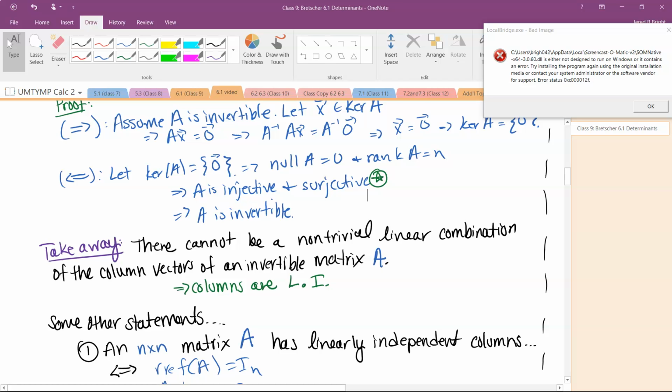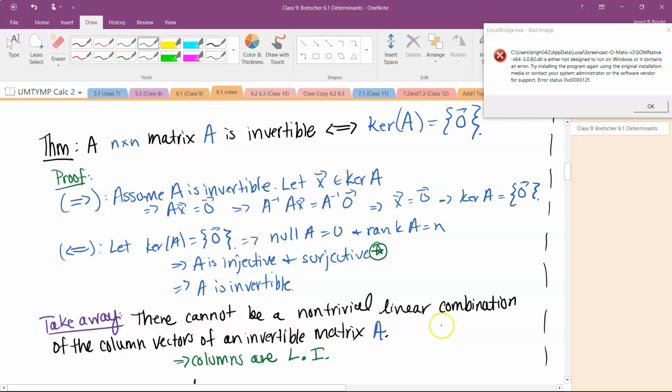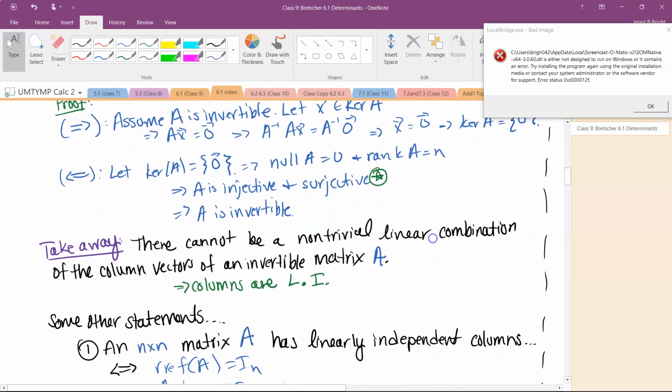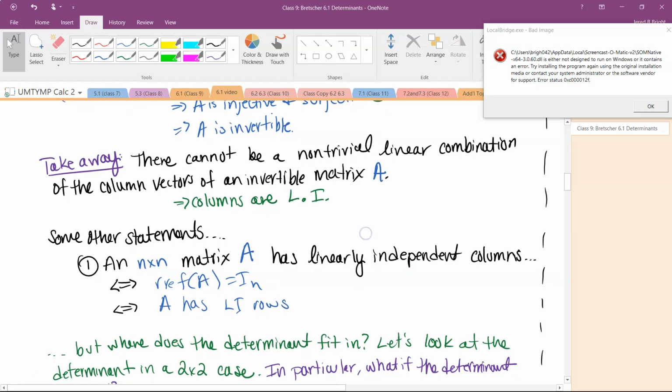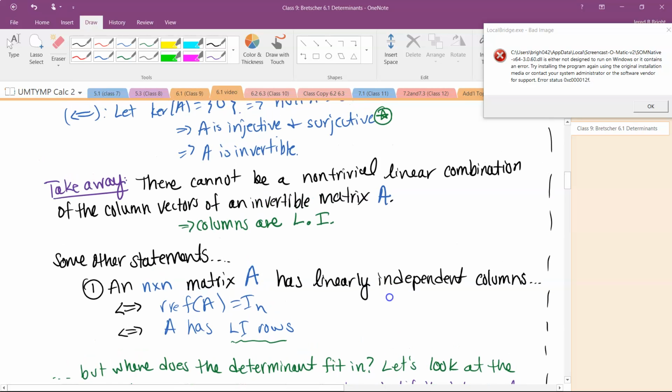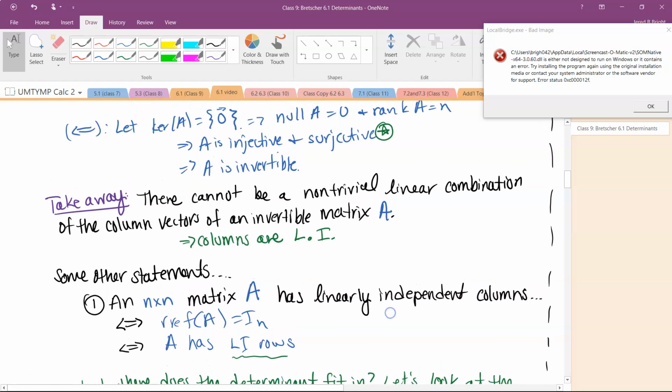Then if we have the kernel of 0, we can't have a non-trivial linear combination of column vectors, meaning the columns are linearly independent. And try to convince yourself why, if we have linearly independent columns, we also have linearly independent rows. We'll pick up with more invertibility properties in the next video.